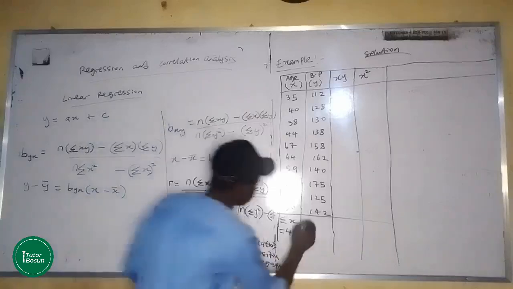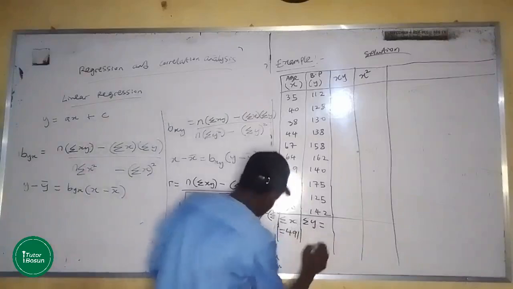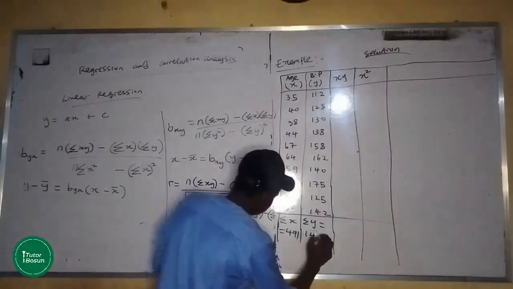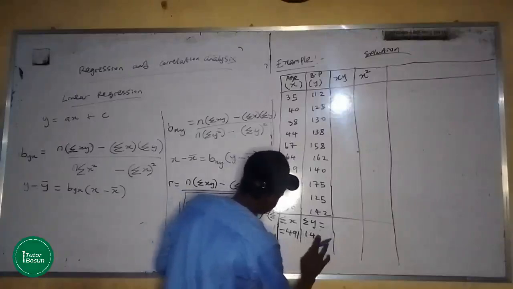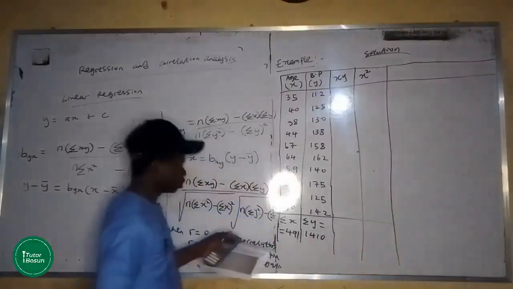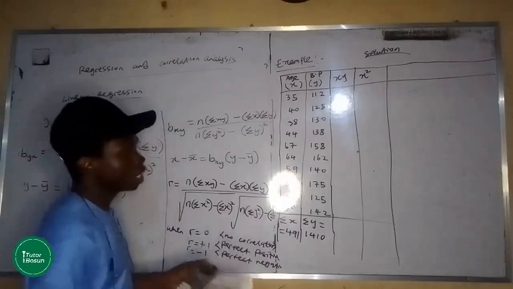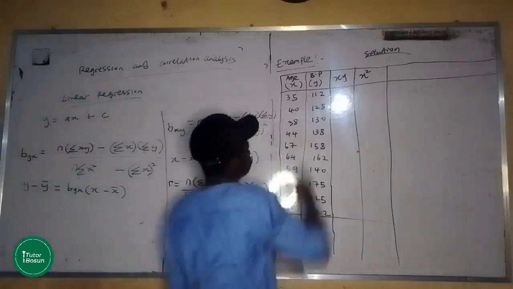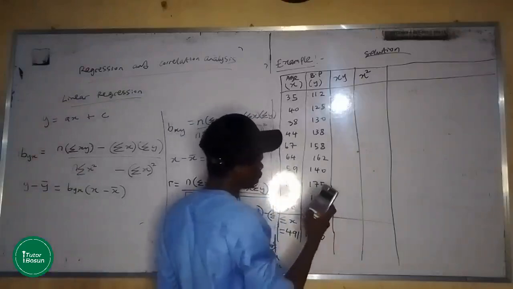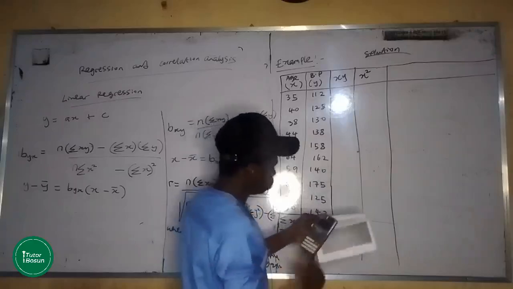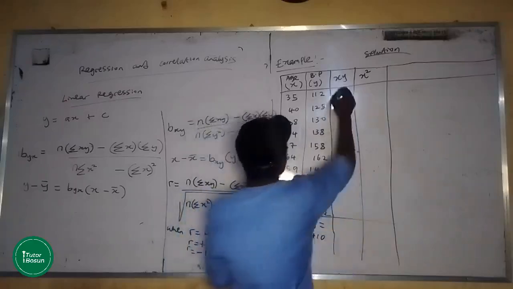Summation Y gives us 1410. That's summation Y. We also need XY, so we need to multiply these together. So the first is 35 and 112. 5 times 112, that's 3000.